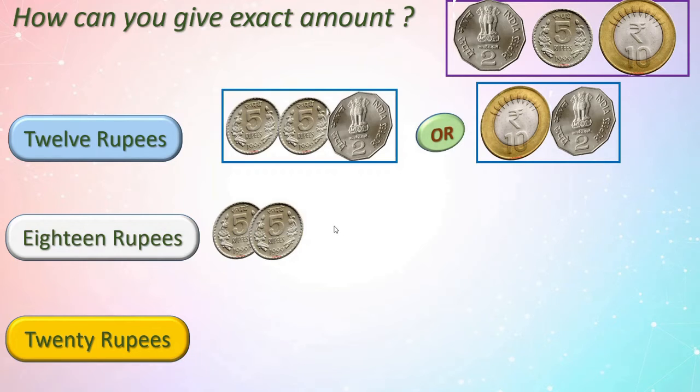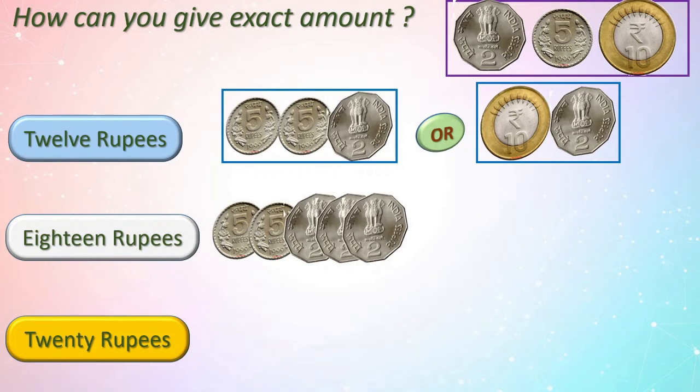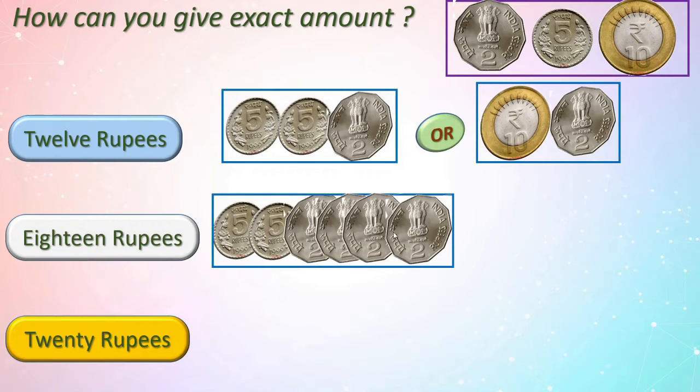So what do we have to do? We must use here 2 rupee 4 coins. Right? Now 5 plus 5, that is 10 rupees. This is 12, this is 14, this is 16 and this is 18. Correct? So together they make 18 rupees.